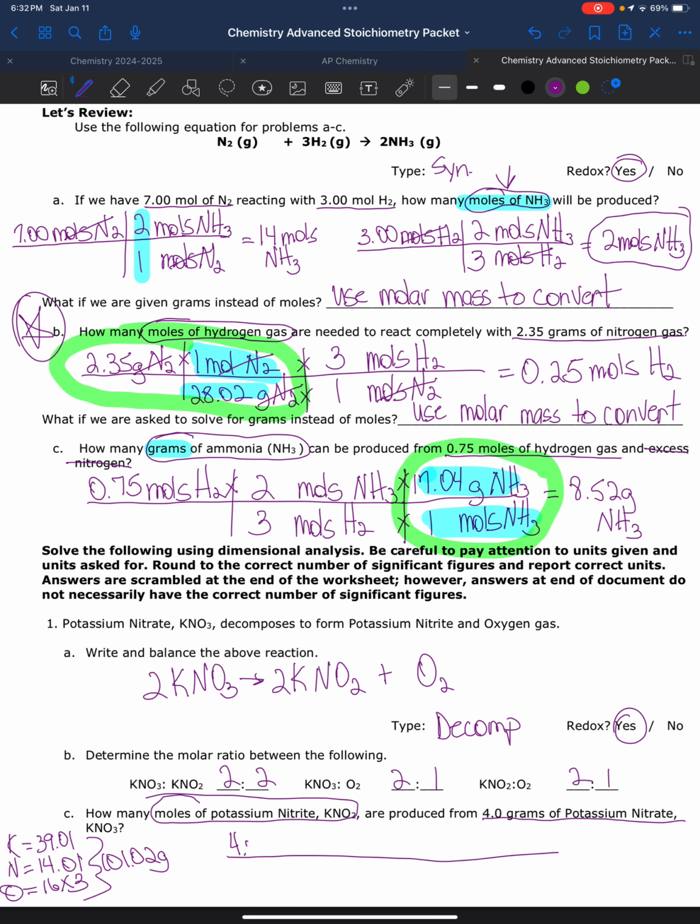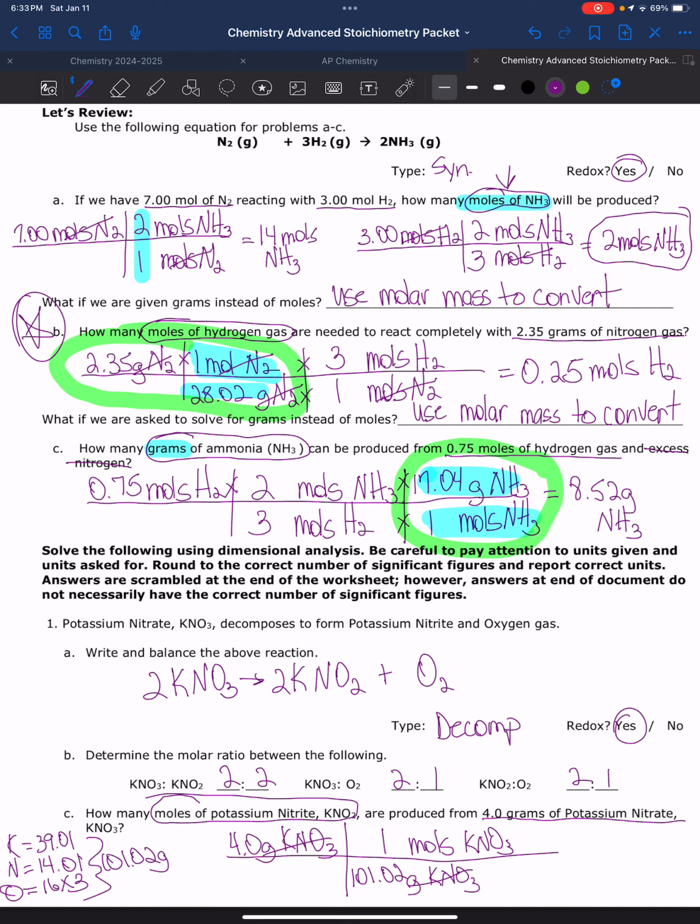So 4 grams of potassium nitrate, KNO3. Okay, so grams of KNO3 comes diagonally down, and I know I'm going to use molar mass, so this is moles of KNO3. 1 mole, our 101.02, gets put right in that blank. And now I have converted from grams to moles.